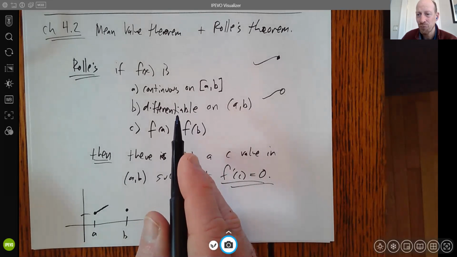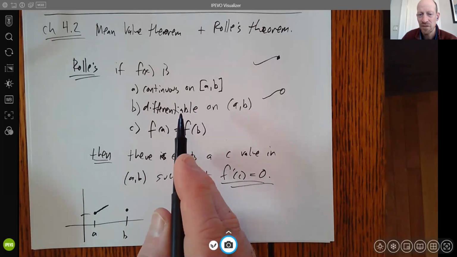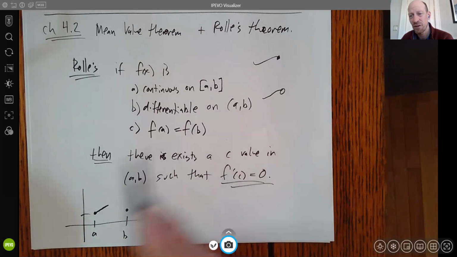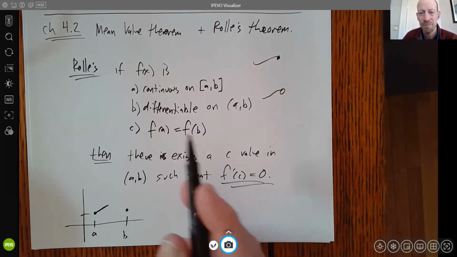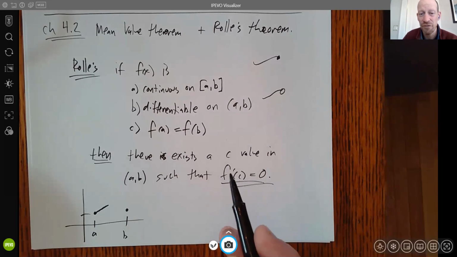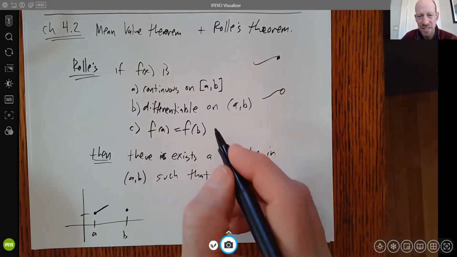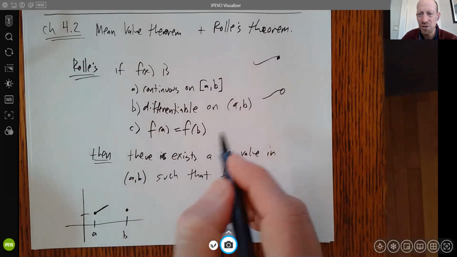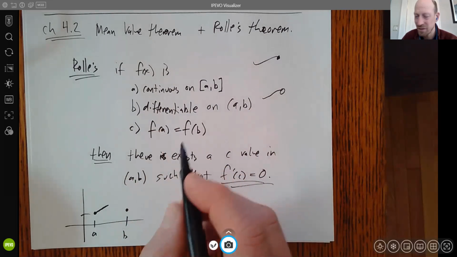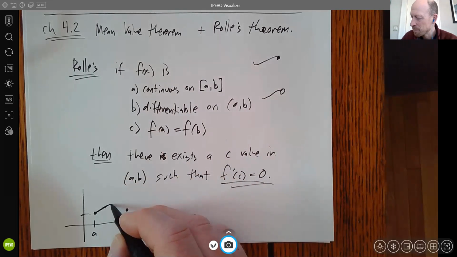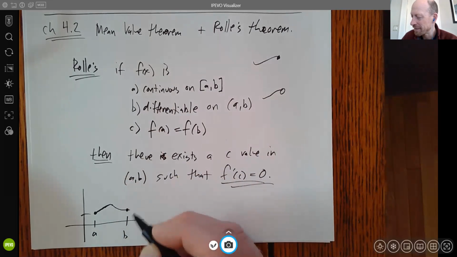That maximum has to occur at a local maximum, but since it's differentiable, the derivative actually has to be 0, because that's our rule. If I have a local max, the derivative is 0 or undefined, but differentiable means it's never undefined. So these conditions kind of trap us into the situation where, if I go up, I've got to come back down at some point.